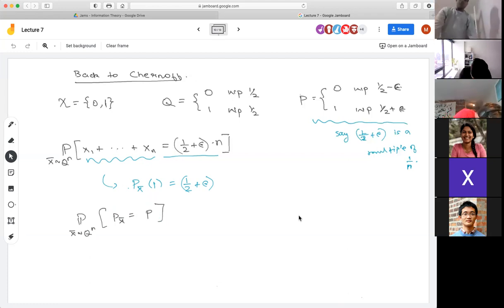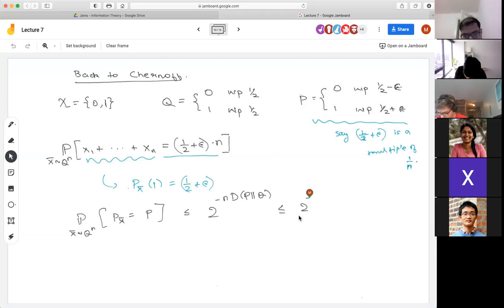And we already proved that this is upper bounded by 2 to the minus n times the KL divergence of the two distributions. We computed the KL divergence of these two distributions when we were talking about distinguishing biased coins, and we got that it was lower bounded by some constant times epsilon square. And we can also prove a lower bound on this quantity.